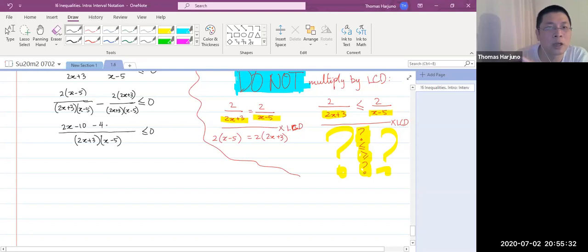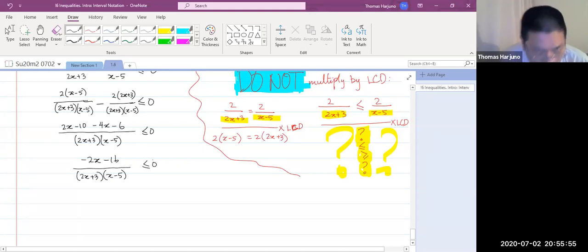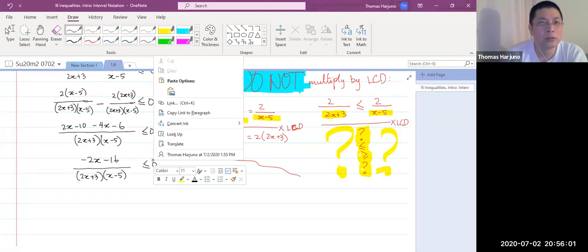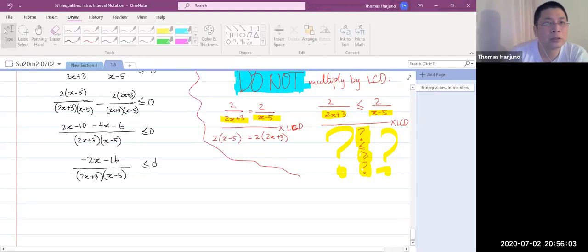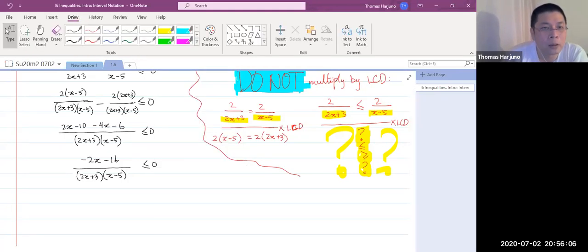That's minus 4x minus 6, which will give me negative 2x minus 16 over 2x plus 3 times x minus 5, less than or equal to 0. So now we have one side is 0 and the other side is only one fraction.